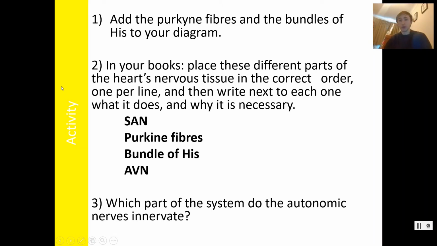You can draw yourself a heart diagram in your book, or you can use the one from earlier. The Purkinje fibres, and the bundles of His, also the SAN and the AVN. And then I'd like you to put these in the correct order and basically write next to each one what it does. And then this third one is just something you need to think about. So pause me and have a go at this.